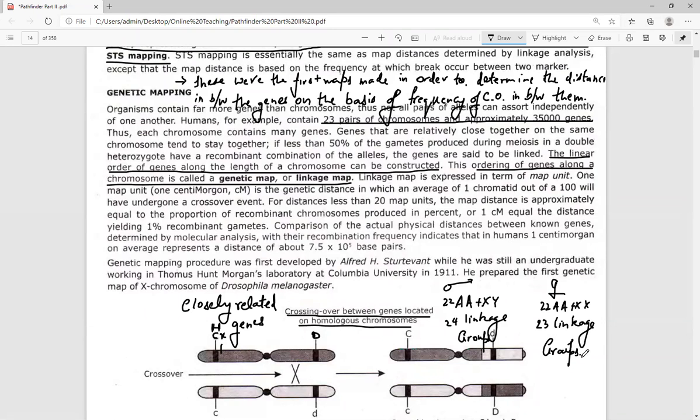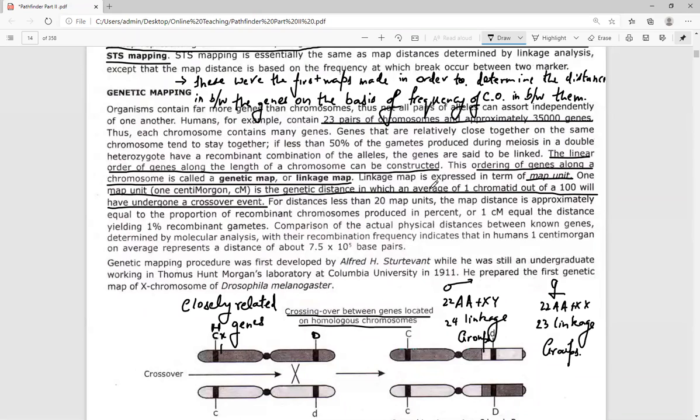Okay. A linkage map is expressed in terms of map units. A map unit, also referred to as a centimorgan, is the genetic distance in which, on average, one chromatid out of 100 will have undergone a crossing over event.